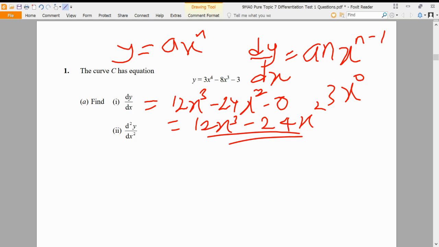let us solve for d2y/dx squared. d2y/dx squared is simply the second derivative, that is, differentiate the first differential.